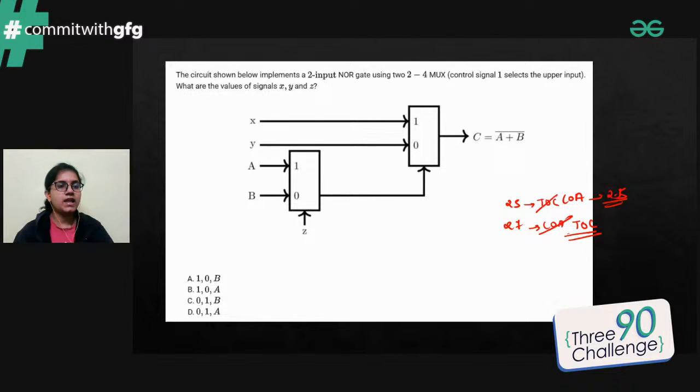So this is the last question. Can you just solve this question? What is the value of XYZ to get the result A plus B bar? This is the last question. Try to solve this. Let's take the output as y here.